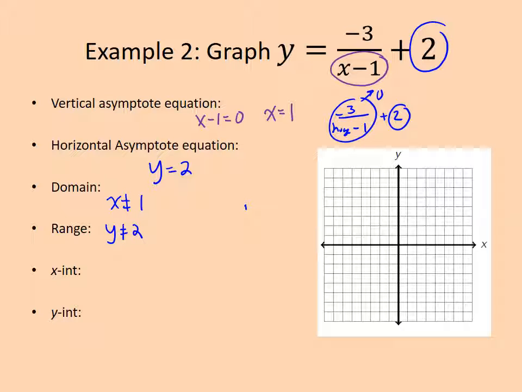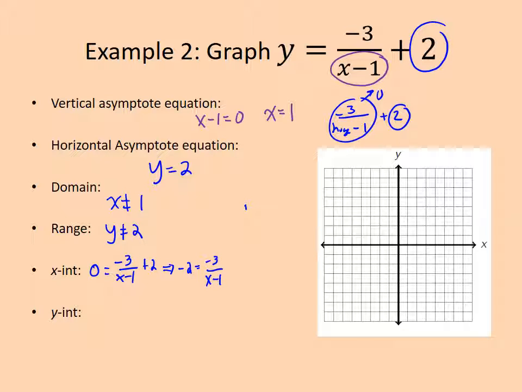The x-intercept is always found by setting y equal to 0 and solving for x. So 0 equals -3 over x minus 1, plus 2. When we move the 2 over, we have -2 equals -3 over x minus 1.